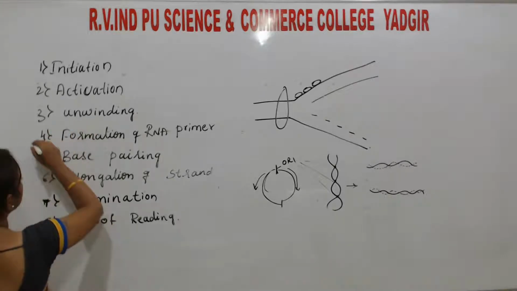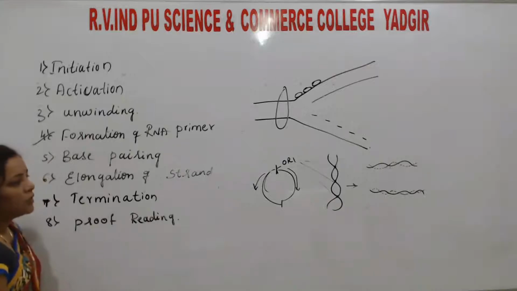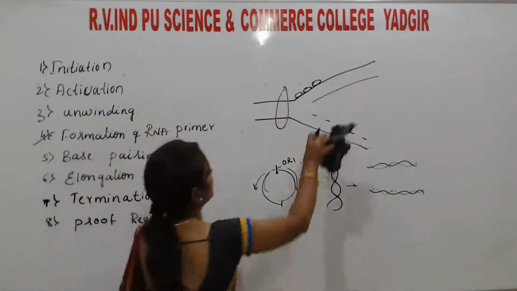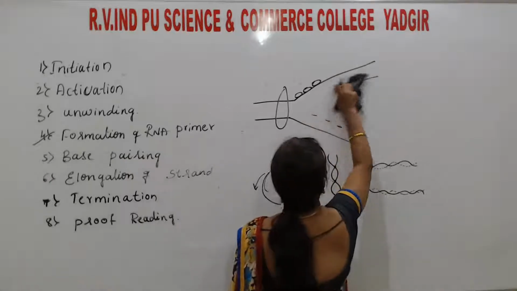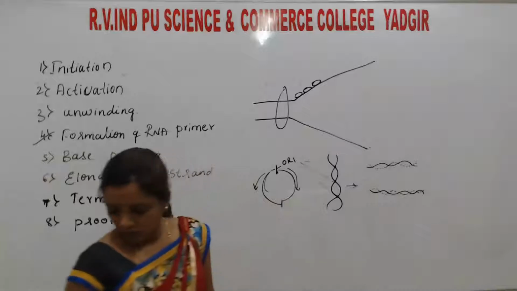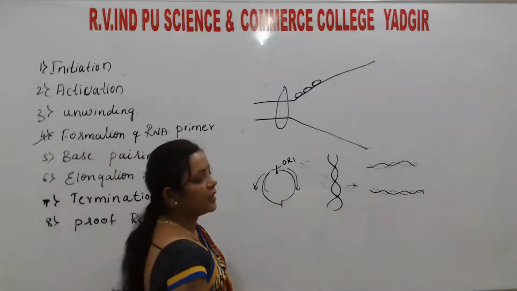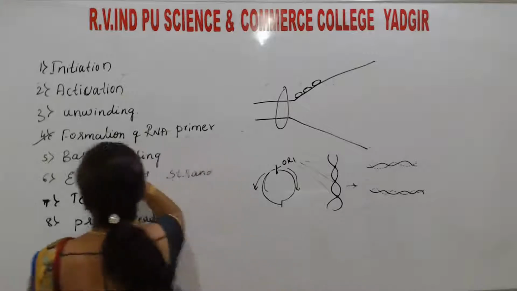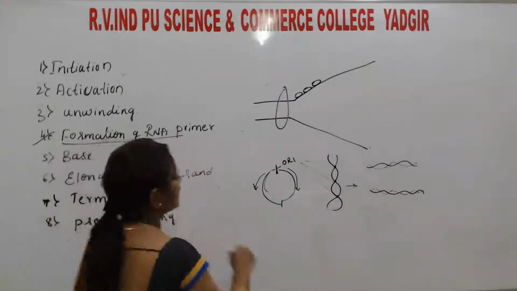Unwinding has taken place. Next, for synthesis of DNA, which has not yet been formed, they need an RNA primer. We are at the fourth step. I have already explained the RNA primer.